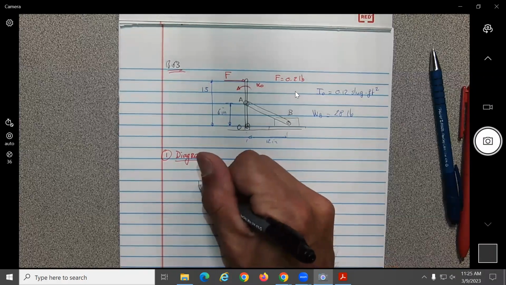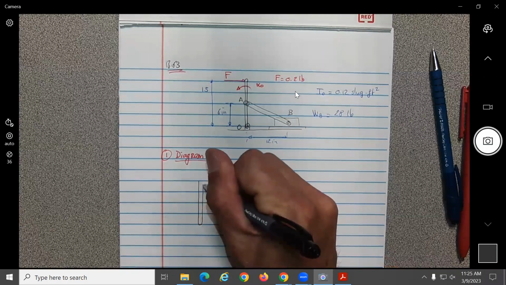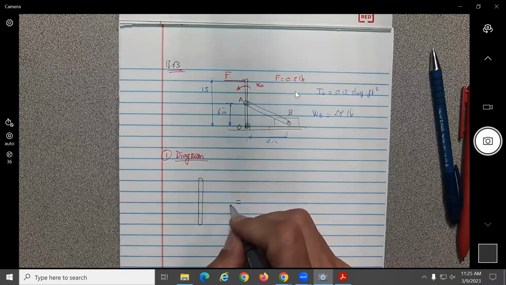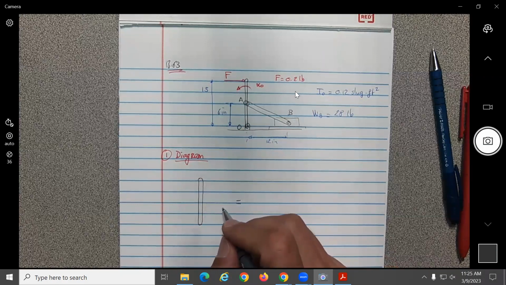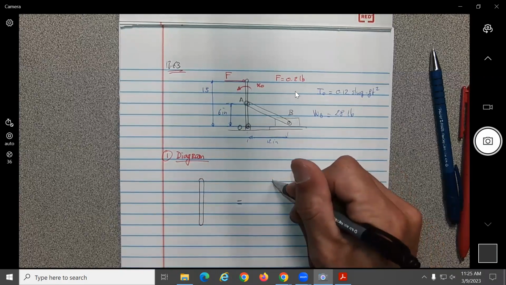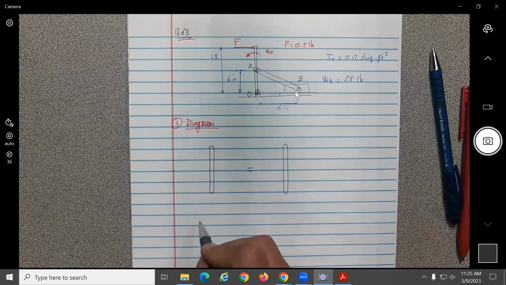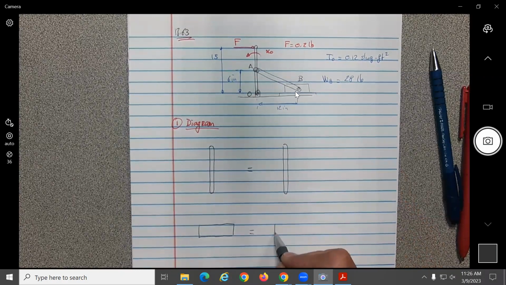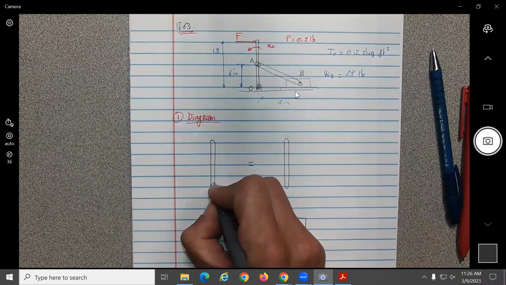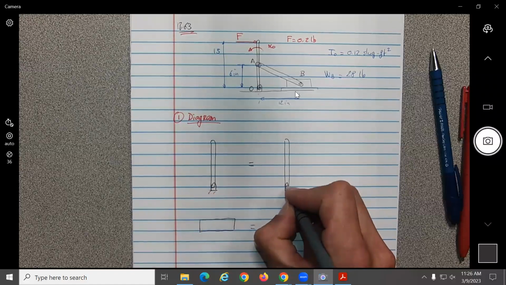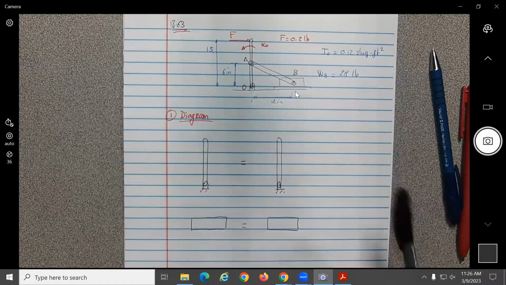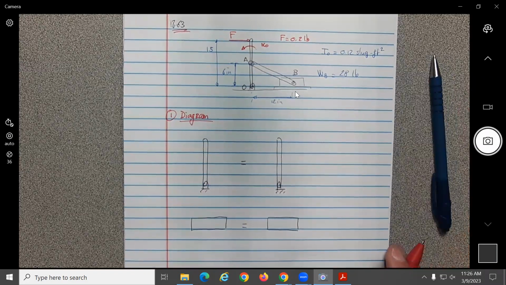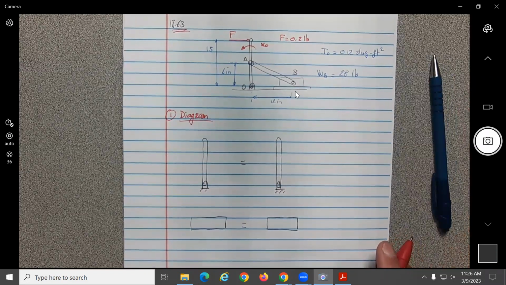So if you do the free body diagram, we have this one over here equal to this one over here, and then we're going to have this block over here equal to this block over here. So let me keep this one attached over here. Okay, if we look at the bar, let's first look at the easy stuff.